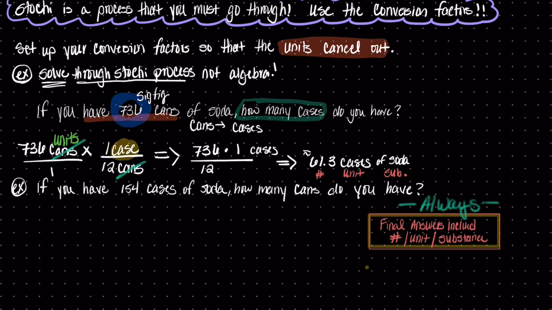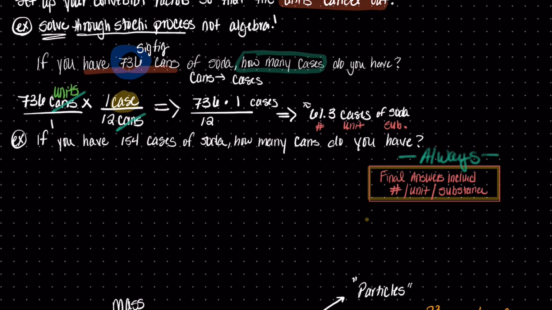It helps to write them in your conversion factors. So let's do it again. If you have 154 cases of soda, how many cans do you have? So here I'm going from cases to cans. Start with what you're given. I have 154 cases of soda, and I know I've got to go to cans.